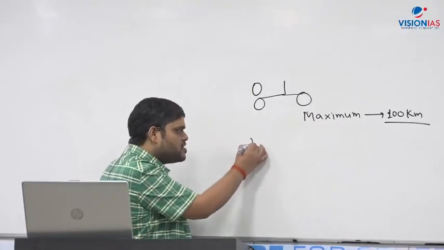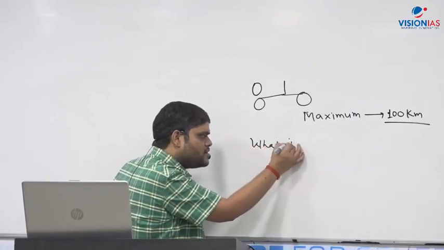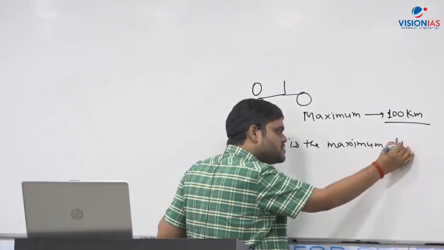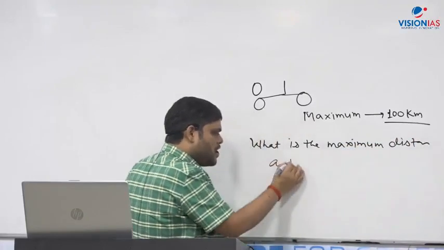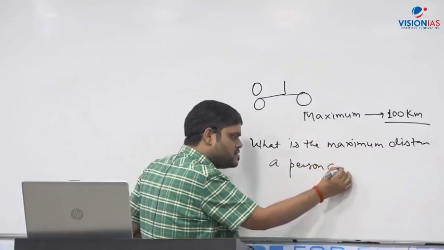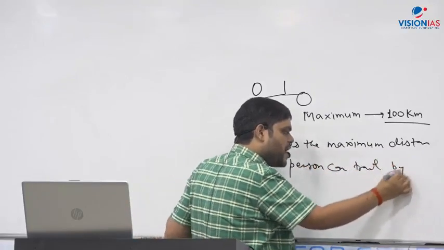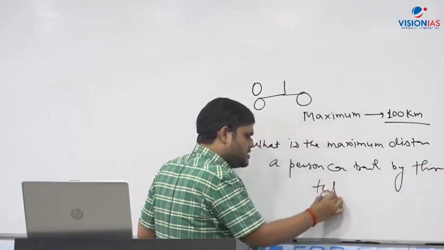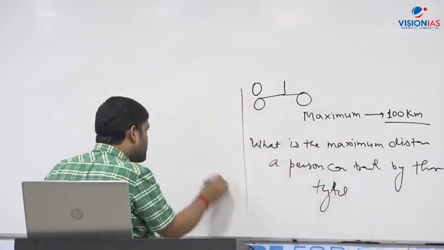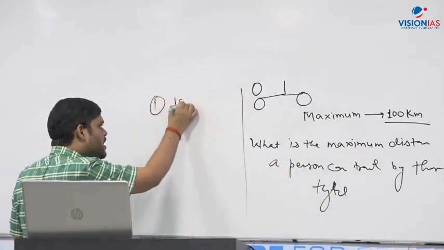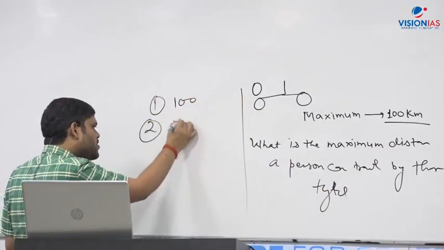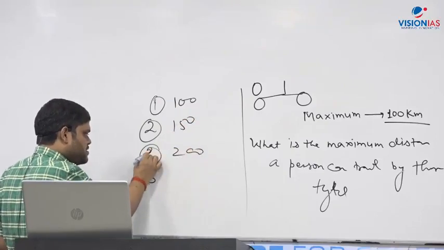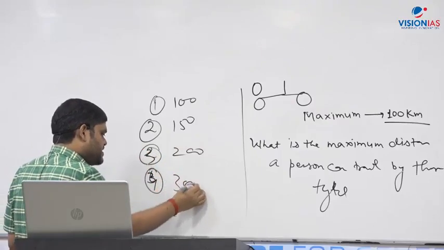The question is, what is the maximum distance a person can travel by these 3 tires? The options given are 100, 150, 200 and 300.